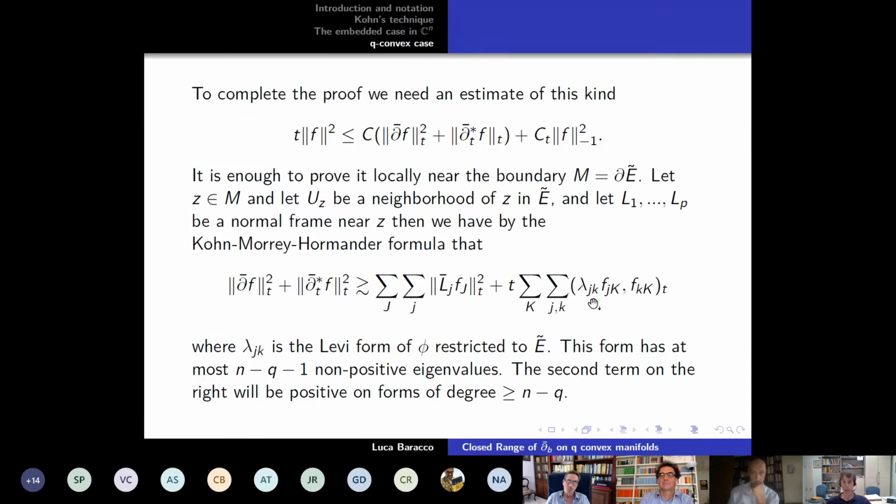And lambda jk is the Levi form of phi restricted to E tilde. Now, as I said, this form has at most n minus q minus 1 non-positive eigenvalues. And so the second term here, which is the useful one, will be positive on forms of degree greater than n minus q.